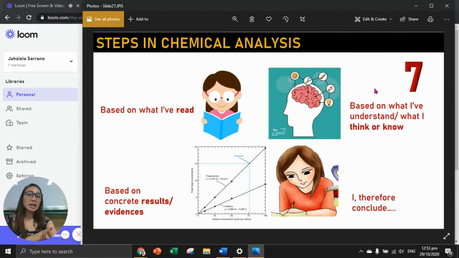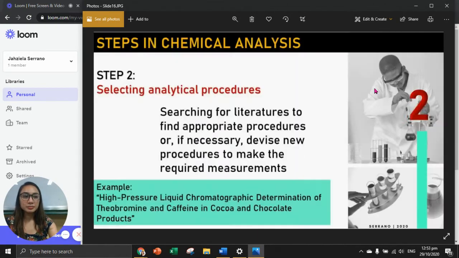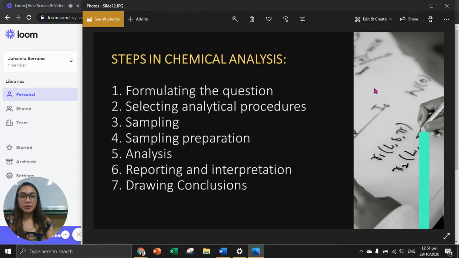So hopefully clear yung ating 7 steps. So again, let's review kung ano yung 7 steps. Okay, sorry. So first step, formulating the question. So dito you have to be specific with the question.